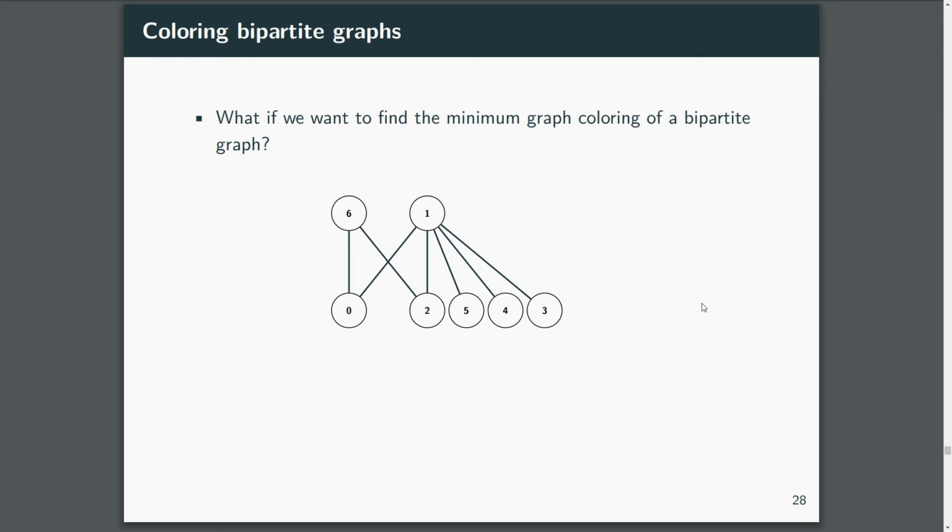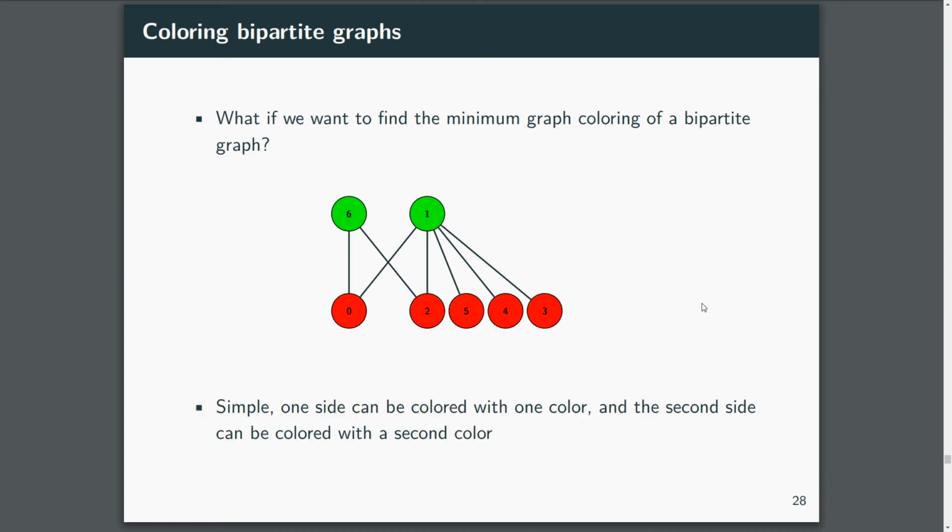Okay, and so let's look at coloring bipartite graphs. What if we want to find the minimum graph coloring of a bipartite graph? Well, one side can be colored with one color, and the other side can be colored with another color. So we just need two colors.